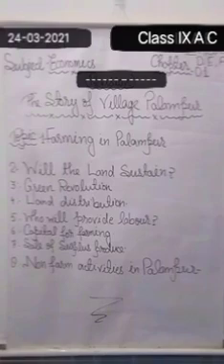Okay. After that, students, here I want to clear the meaning of yield. So students, yield is measured as the crop produced on a given piece of land during a single season.